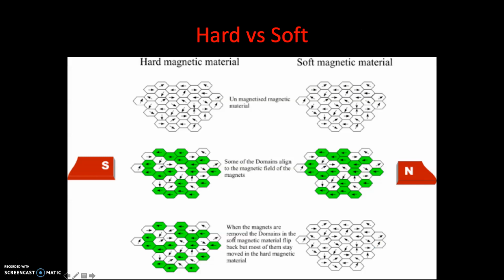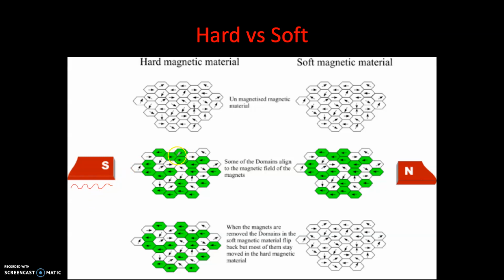We've got two types of magnets, hard and soft irons, we call them. Now, a hard magnetic material can start off with its domains all scrambled up and misaligned. If you introduce another external magnetic field to it, this magnet can force the domains to actually change direction.